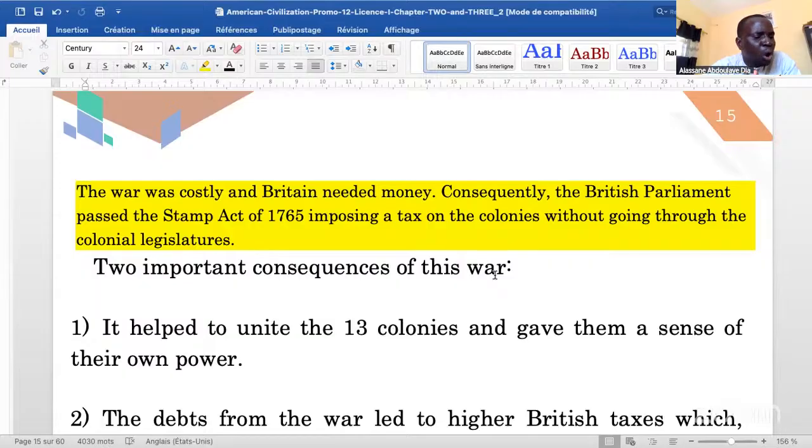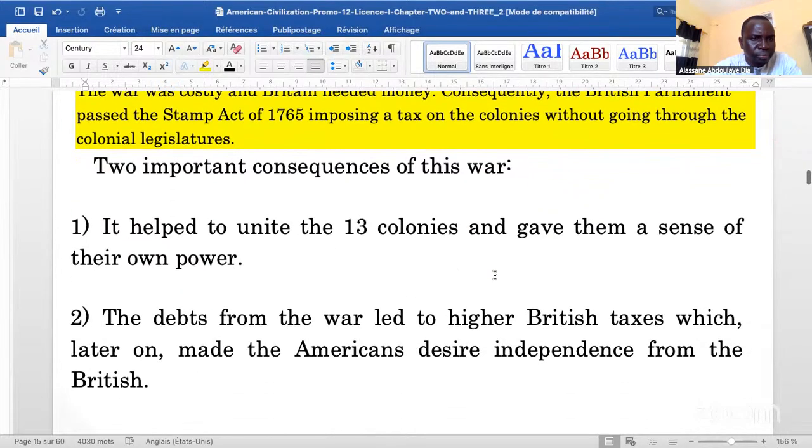But after the war, they spent a lot of money, and they needed more money. So they imposed taxes. They passed an act at the British Parliament. It is called the Stamp Act of 1765. And this act imposed taxes on the colonies to pay.